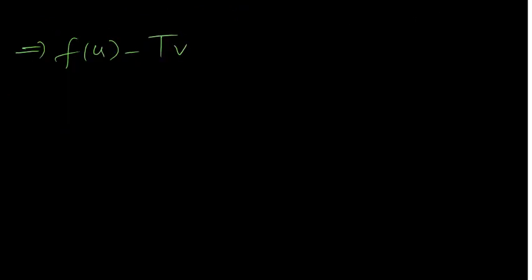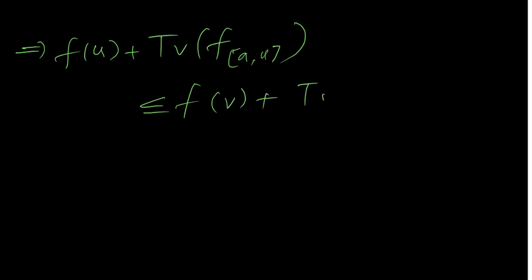Fine, so f of u plus total variation of f over a to u is less or equal to f of v plus total variation of the function f over the interval a to v.